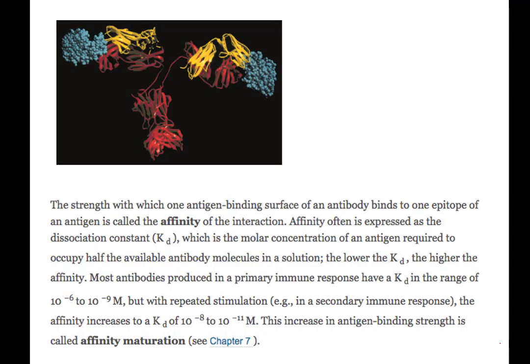these are affinity. The reason that we talk about the KD, the more negative it is, the better it binds. So this is the affinity, how well it binds. IgG goes through affinity maturation, so it binds really strongly.